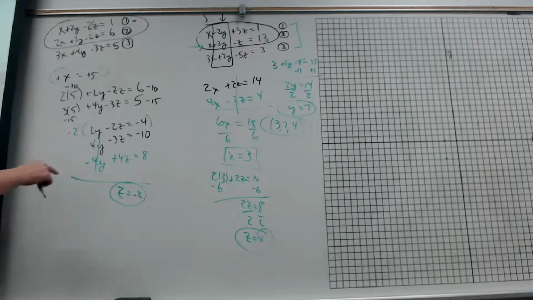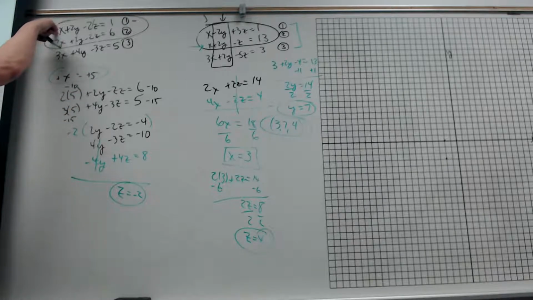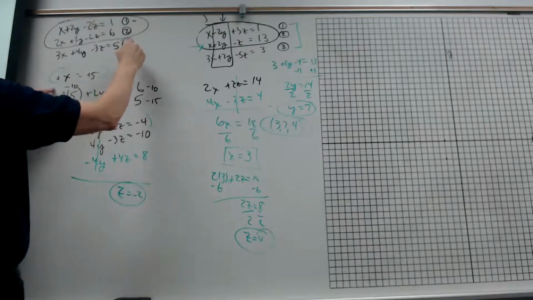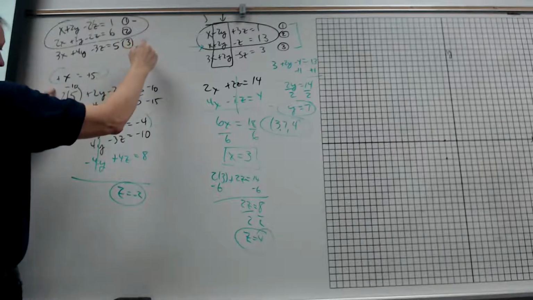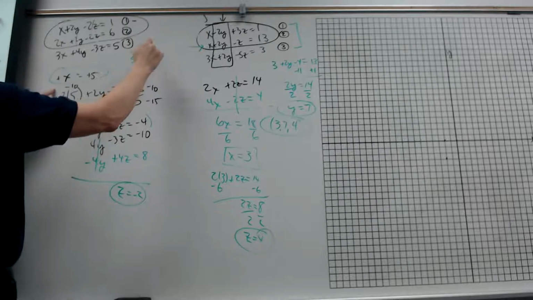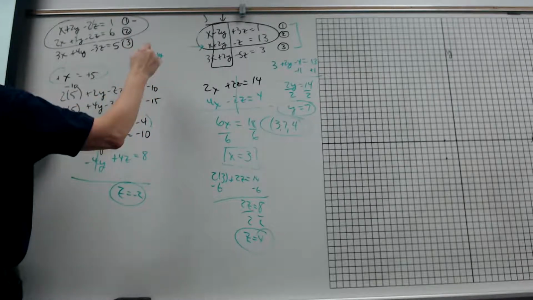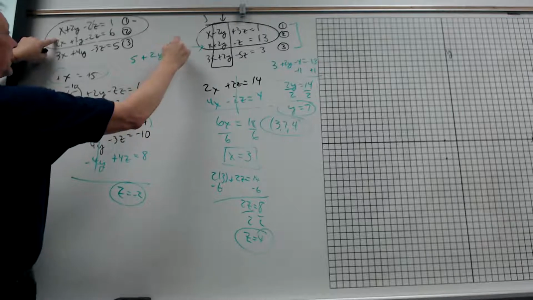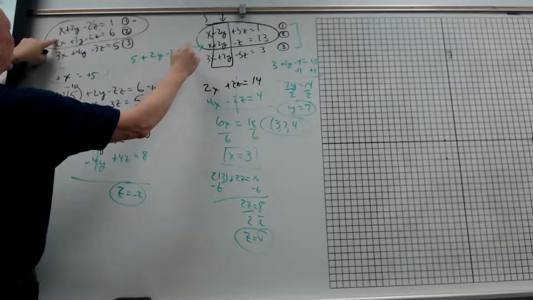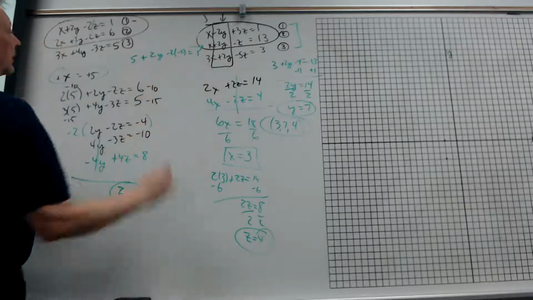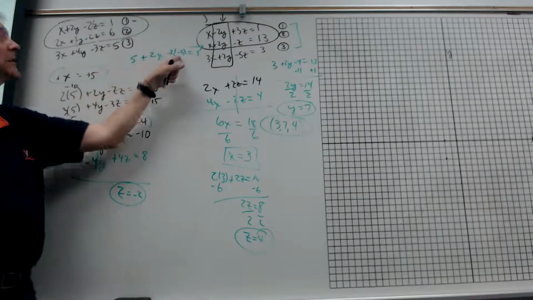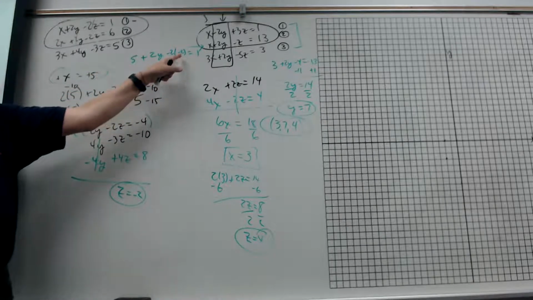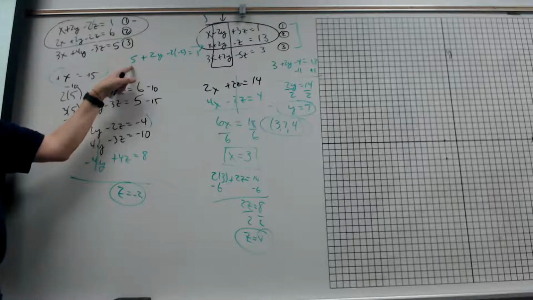So that gives me 5 plus 2 times y, minus 2 times negative 2 equals 1. Okay? So negative 2 times negative 2 is? 4. 4 plus 5?